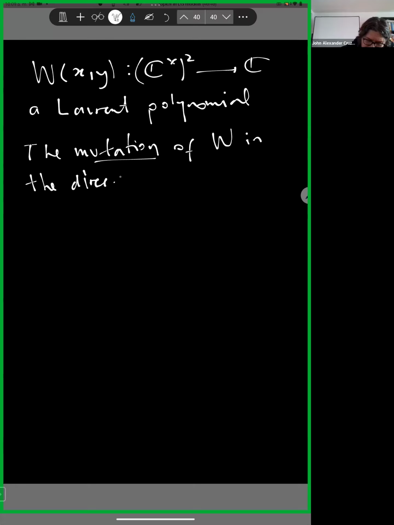I want to define the mutation of this W in the direction of b. Here b is, as before, a primitive integral vector.